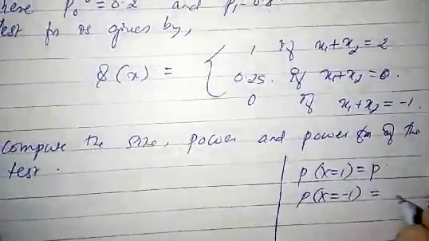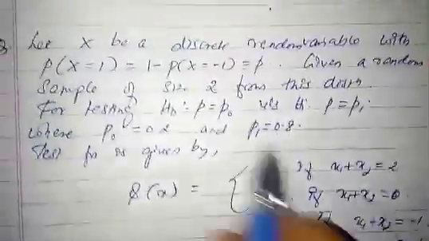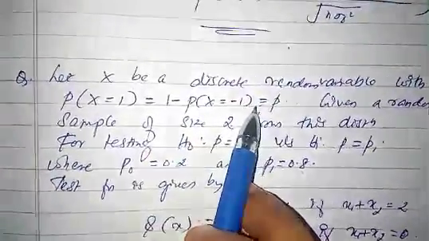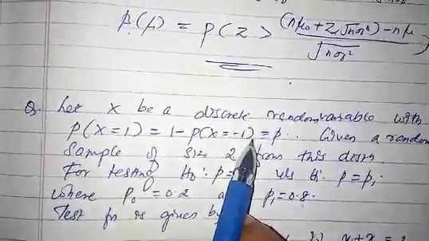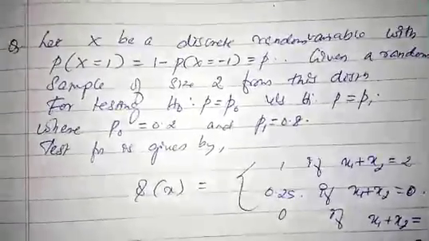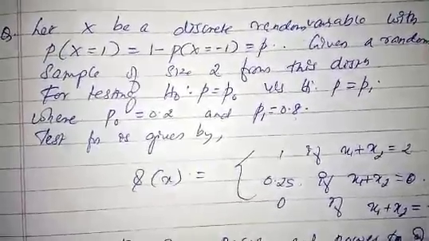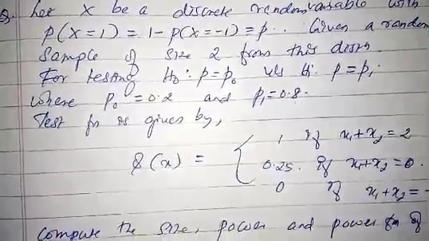It is equal to 1 minus p, right? That is, 1 minus p equal to p.